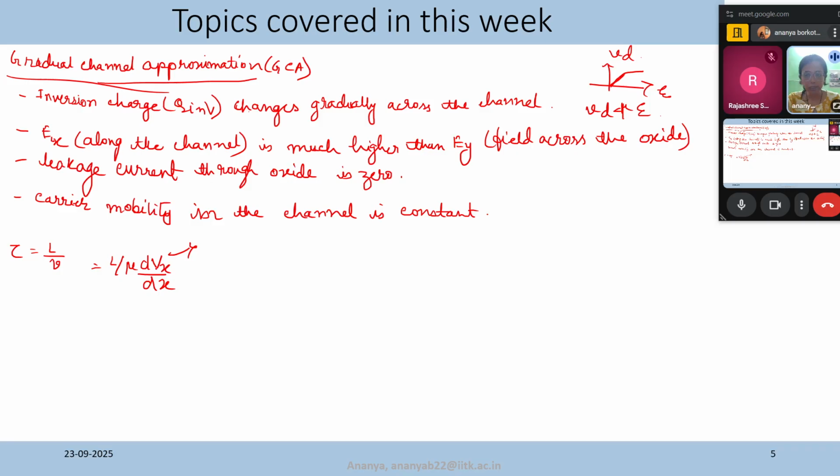This is why we are considering dVx by dx, because our actual voltage drop across the channel varies. It is high at the source end, it is low at the drain end, right? This is because the voltage varies across the channel.